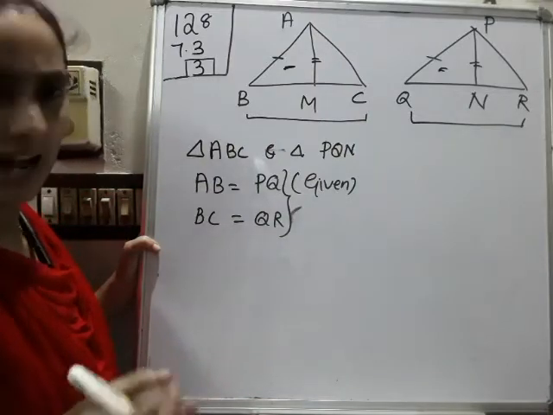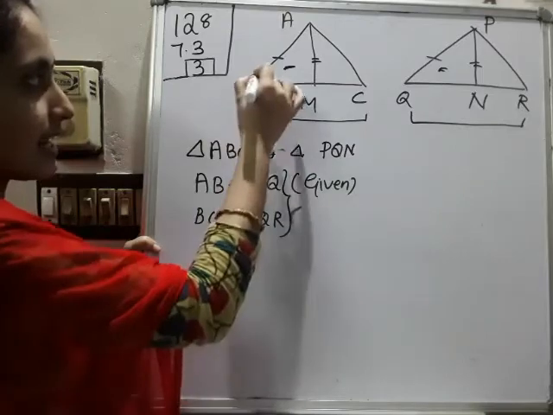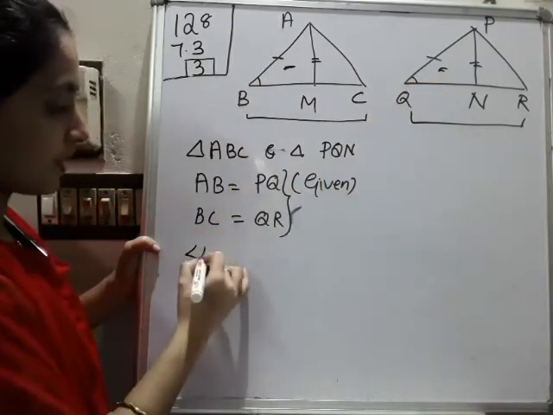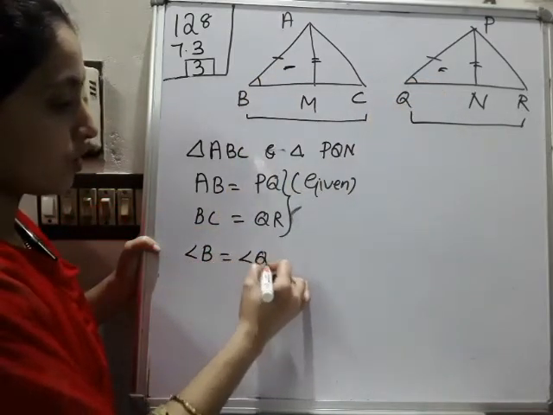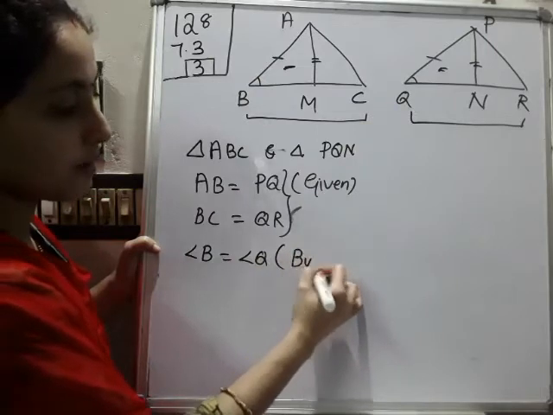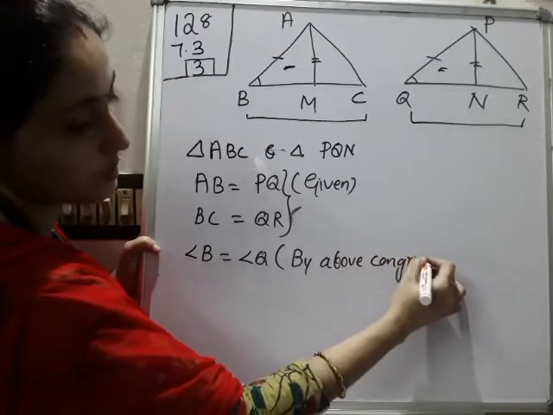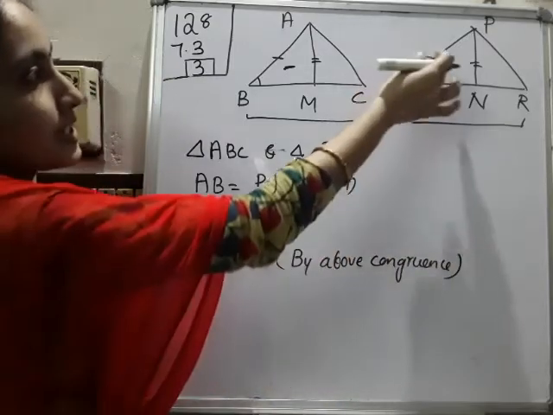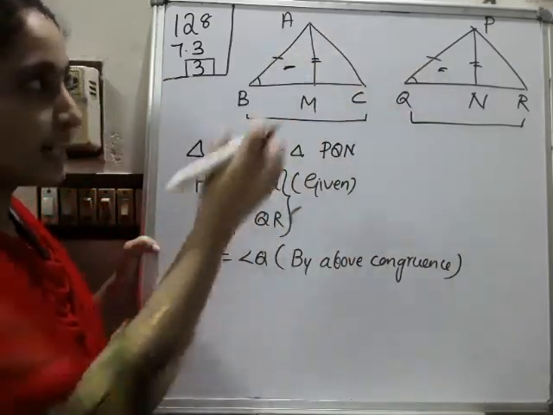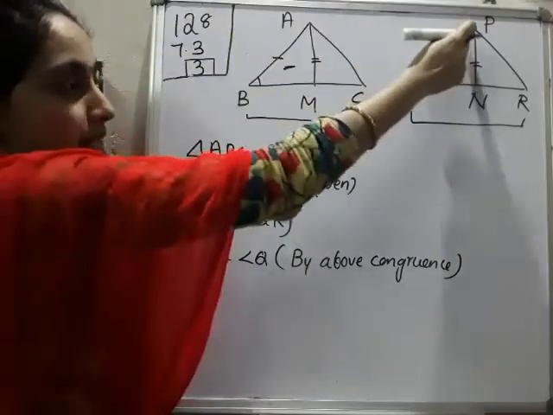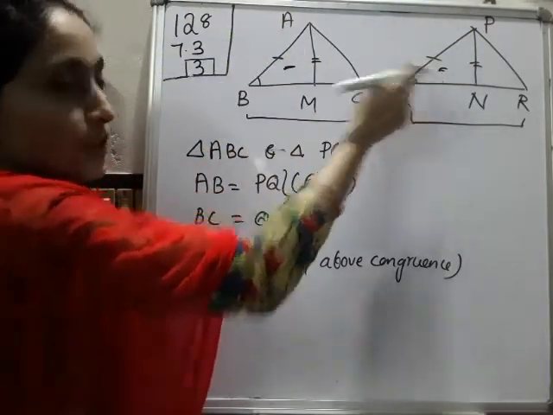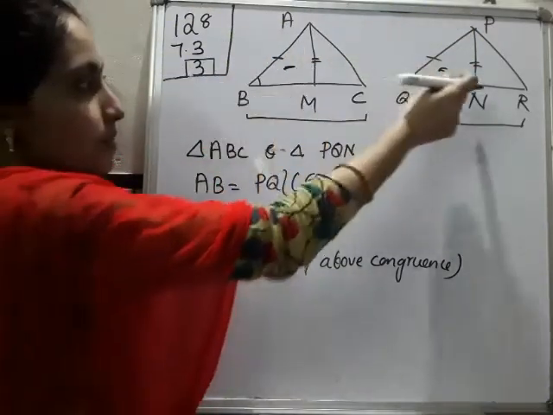So is there any angle common? Yes, you can say angle B is equal to angle Q. How? By the above congruence. Above congruence means these two triangles are congruent. Corresponding to P is A, corresponding to B here Q is there, corresponding to M, N is there.